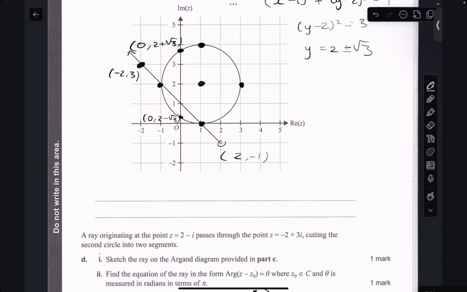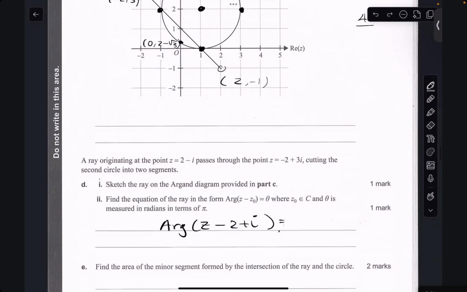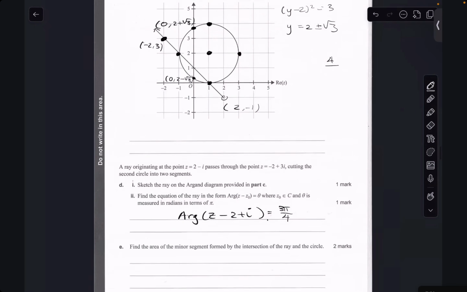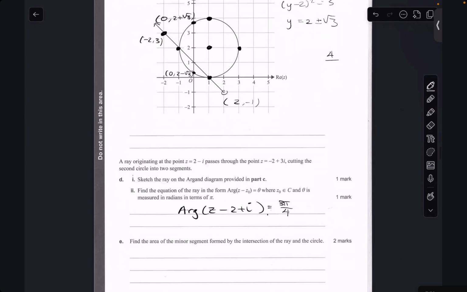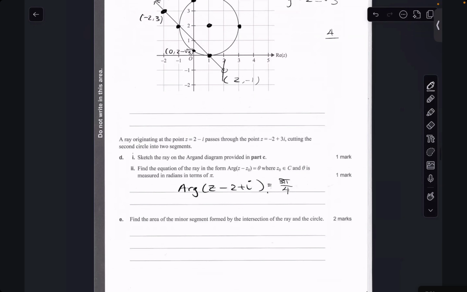So what's the gradient? The gradient is 3 plus 1 is 4 over negative 2 minus 2. So the gradient is negative 1, isn't it? So it will be 3 pi over 4. Yeah? That looks about right.